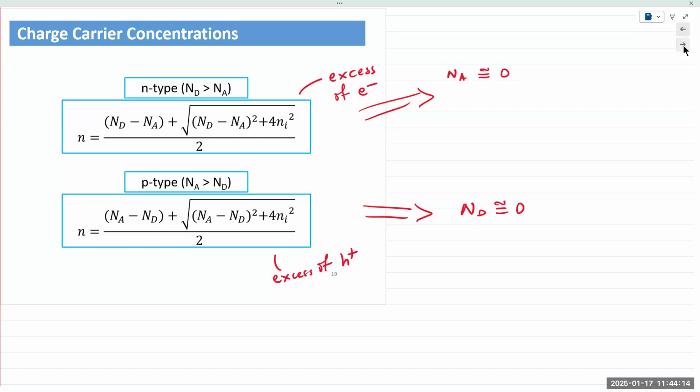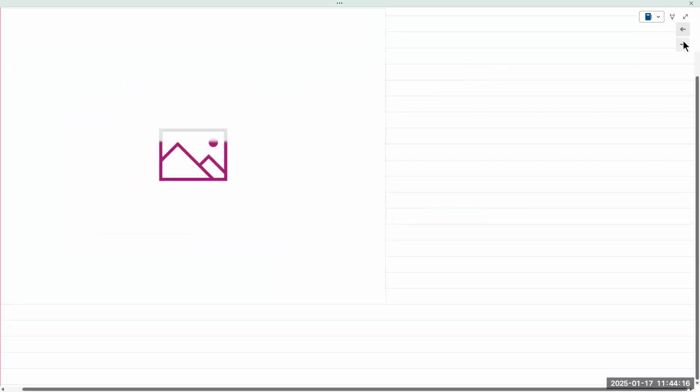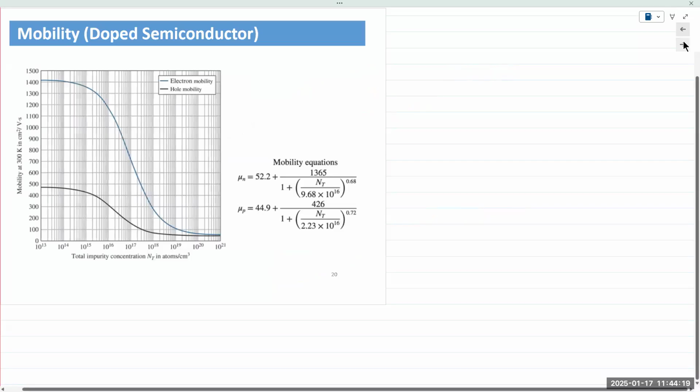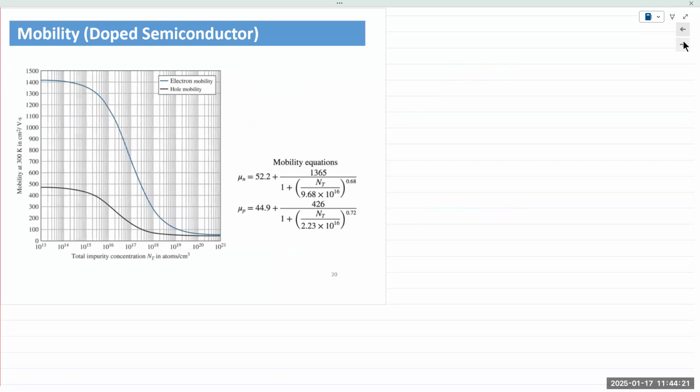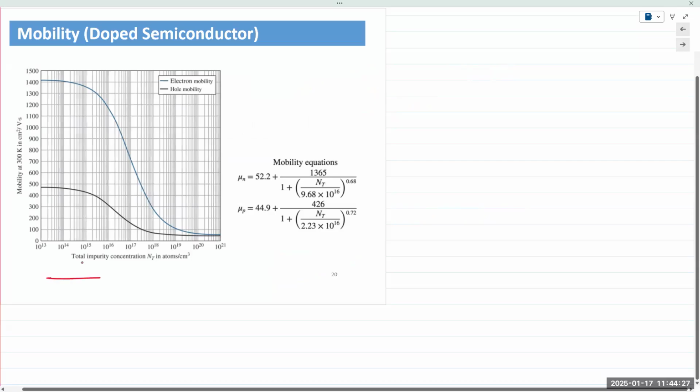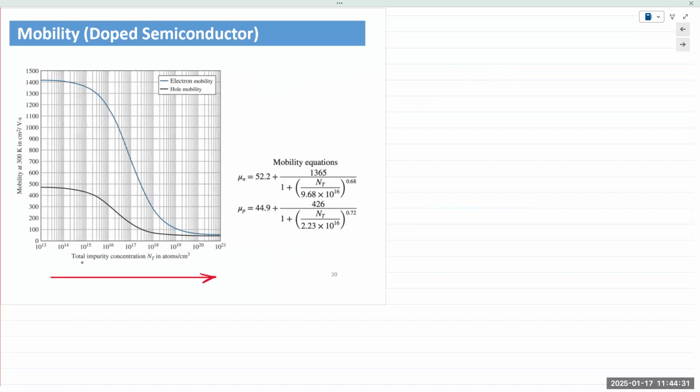Now, one result of having these excess charge carriers in there is that the mobility decreases. So in simple terms, if we flood a small amount of space with a whole bunch of carriers, it's crowded.